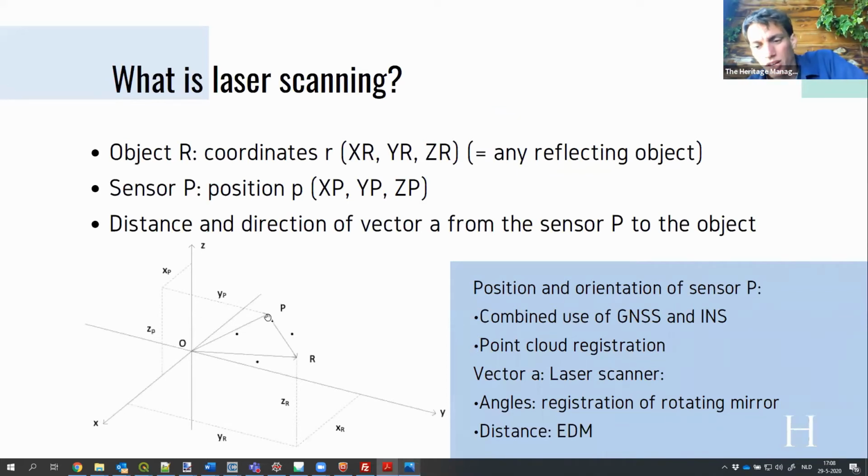If your sensor is not considered to be in the origin, or if you have multiple scans that all start from the origin and you want to make these scans spatially coherent, you have to do point cloud registration. So you will have to combine the different point clouds, or you should use a global navigation satellite system.